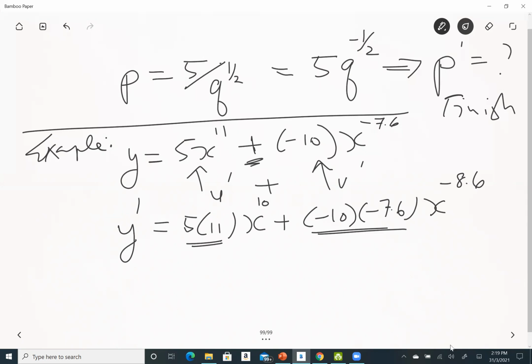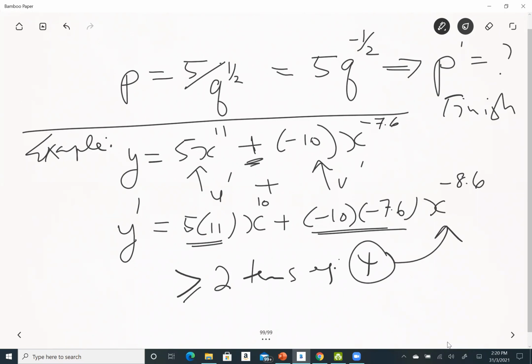Now go to the book, go to 9.4. I think probably we can do one or two questions in 9.4. You can also apply this if you have more than 2 terms. Let's say you have 3 terms, or example 4, that also applies.